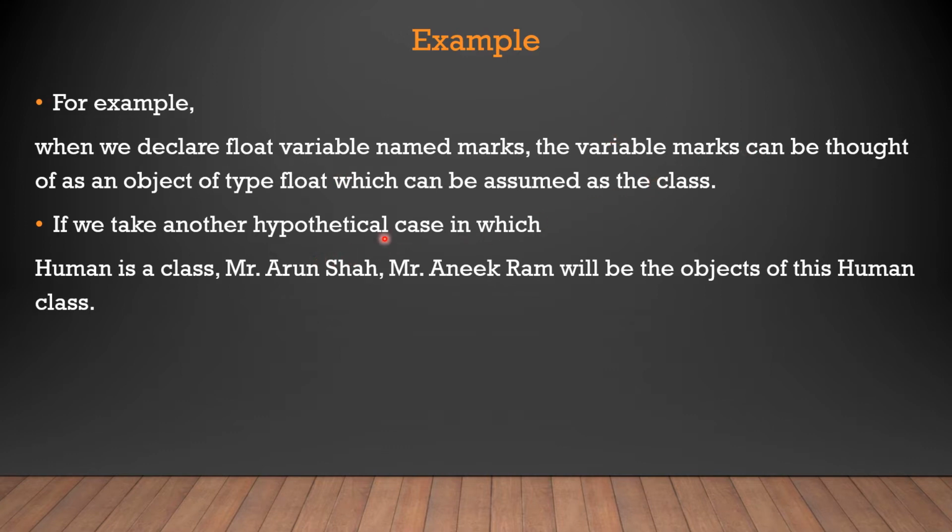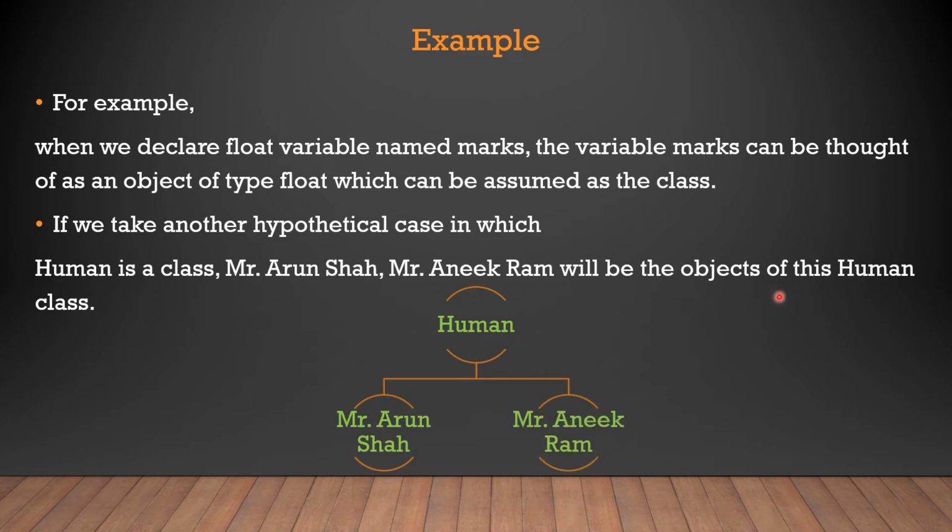Now let us take another example. Here human is a class. We have supposed that human is a class. Then Mr. Arun Shah and Mr. Anik Ram, meaning any two persons, are objects of the human class. So we have supposed any two persons whose names are Mr. Arun Shah and Mr. Anik Ram.